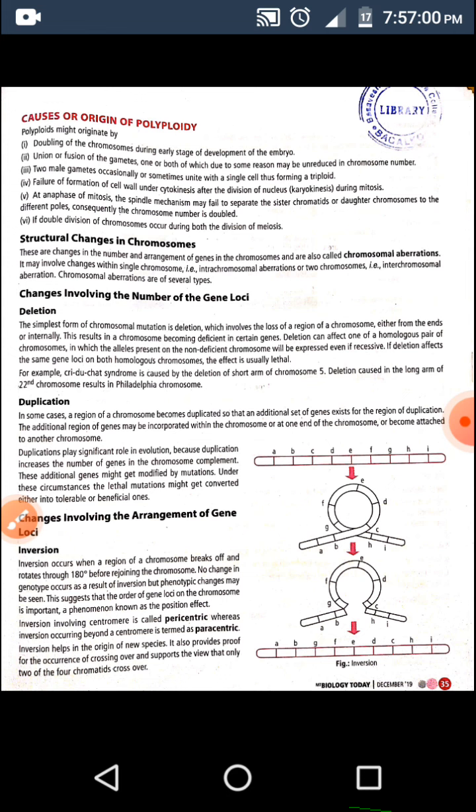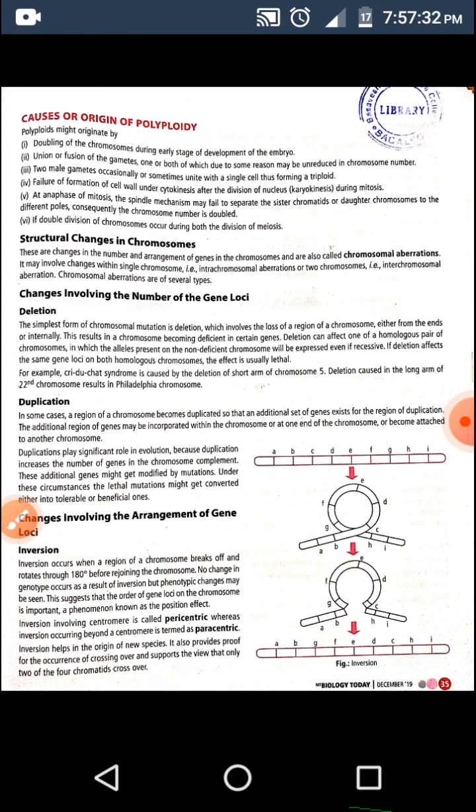Also, in the case of the Philadelphia chromosome, we observe a loss from the long arm of the 22nd chromosome. These are two examples of the deletion process. So deletion may alter the structure of a chromosome.